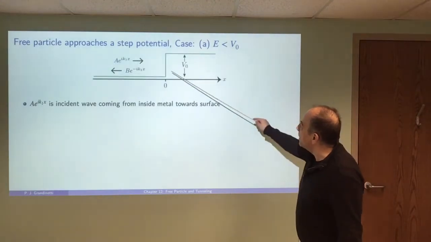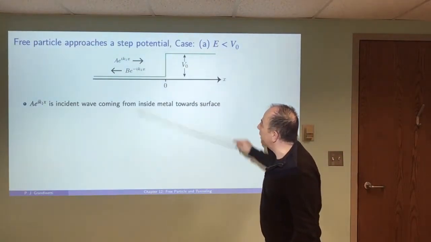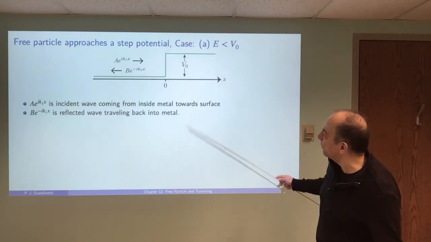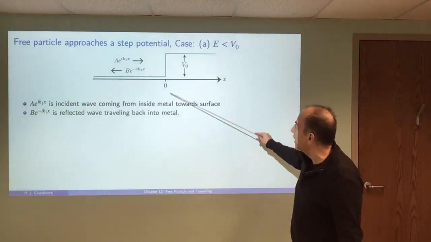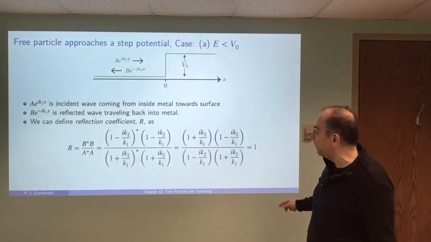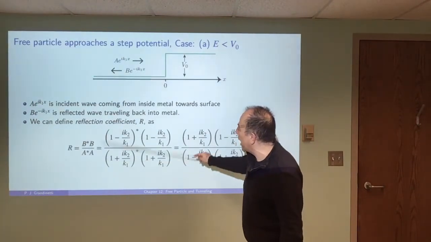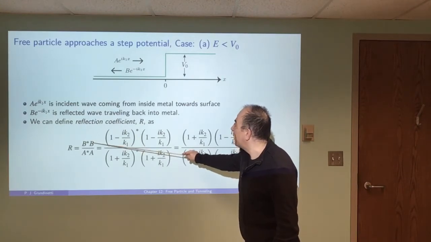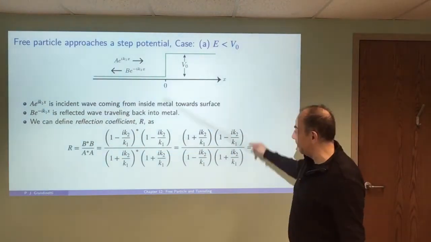Now, if we think about this case, what we want to figure out is the reflection and the transmission, the reflected wave that's coming back. We're going to say that A is the incident wave that's coming towards the surface of the metal, and B is the reflected wave. We define the reflection coefficient as the ratio of the probability of it bouncing back over the probability of it hitting the barrier.